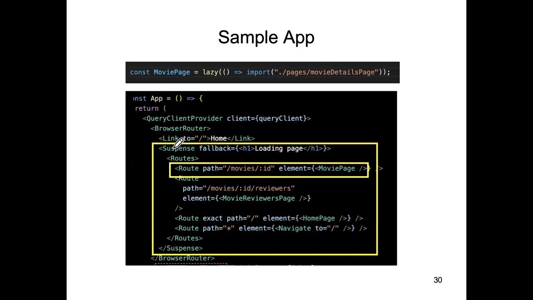So the effect now is that whenever the user navigates to this route, because the component that it renders has been lazily or dynamically imported, there's going to be a separate bundle that contains this movie details page. That movie details page is not going to be immediately available to the browser whenever the user decides to navigate to this path.